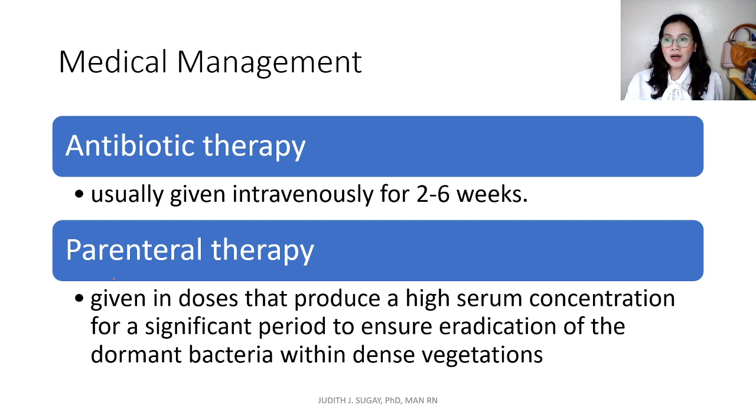We also have parenteral therapy, given in doses that produce high serum concentration for eradication of dormant bacteria within the dense vegetation. When you say dense vegetation, that's where the causative agent resides, multiplies, and grows.